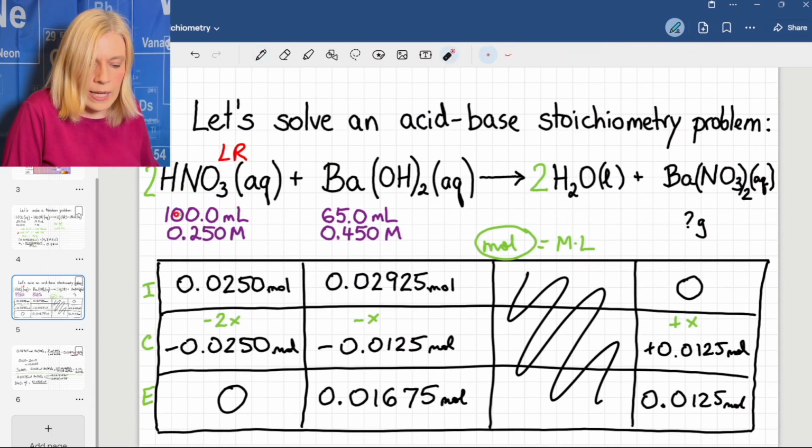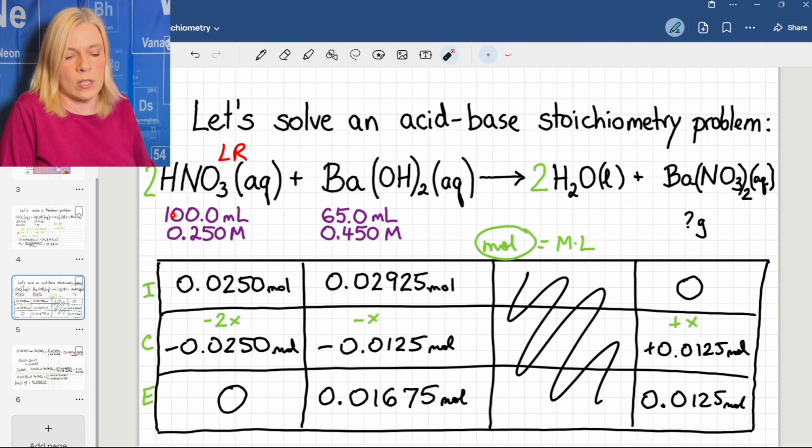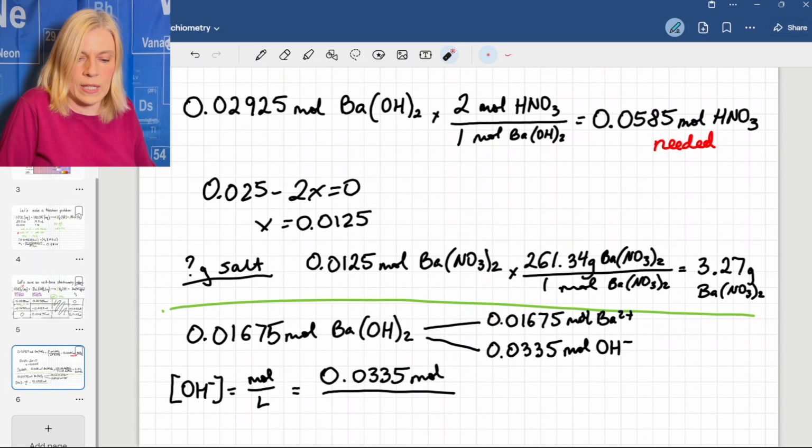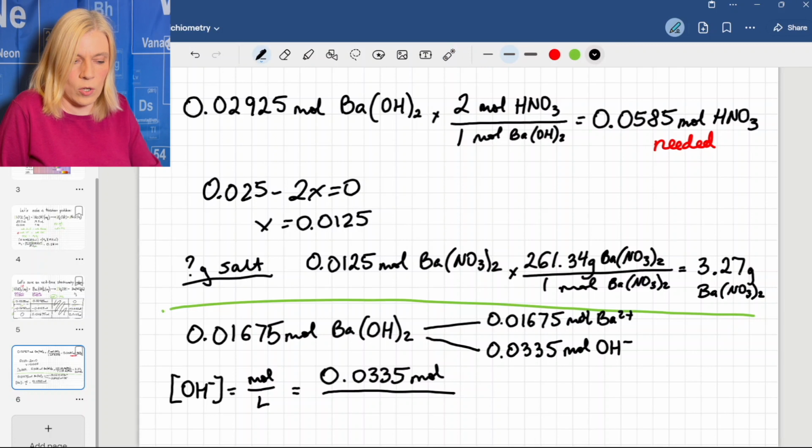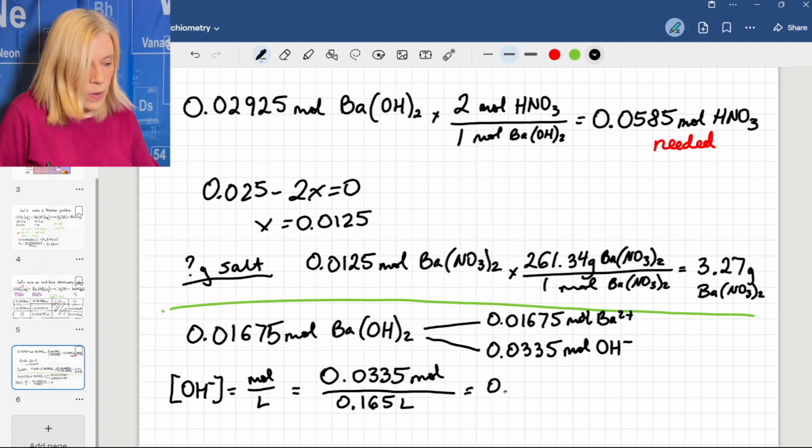I had 100 milliliters in a beaker, and I mixed it with 65. So I have 165 milliliters in my new beaker total. So this is 0.165 liters. And that equals 0.203 molarity. There you go.